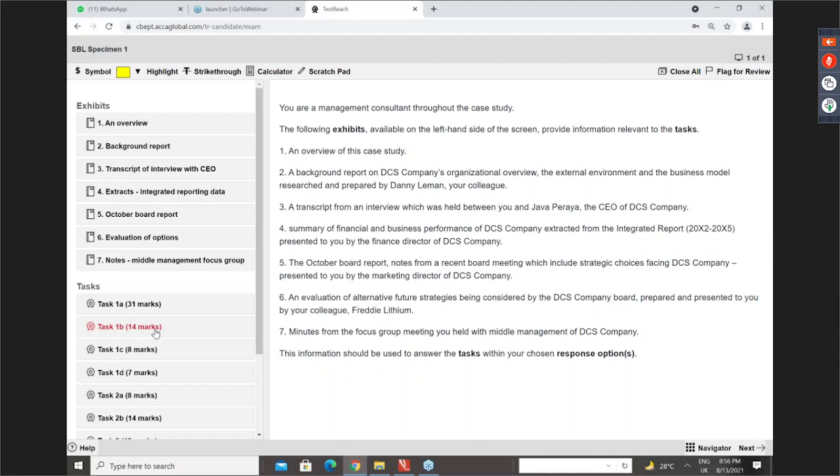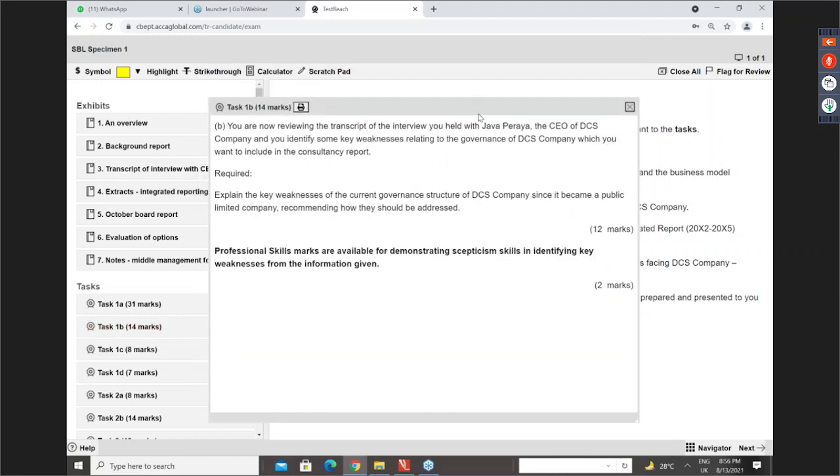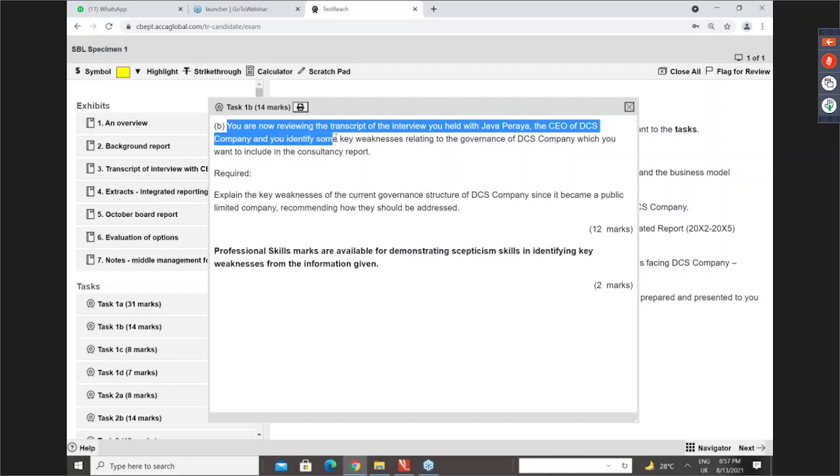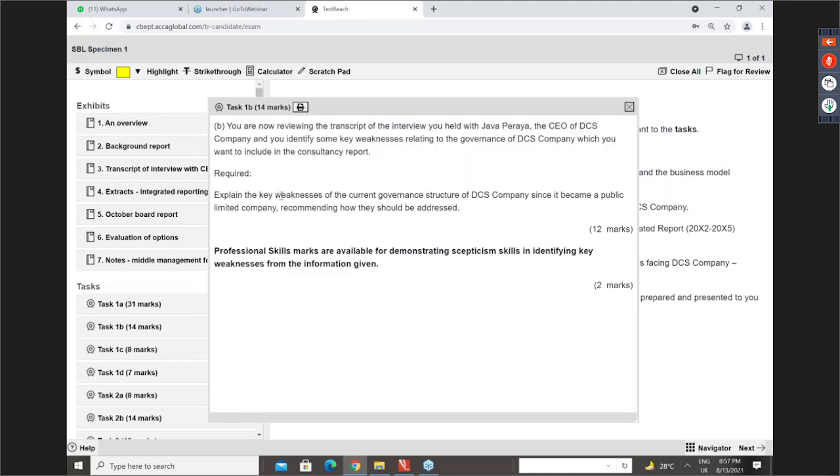So let's open question number 1B. It says you are reviewing the transcript of the interview you held with Java, the CEO of DCS company, and you identified some weaknesses relating to the governance of DCS company, which you want to include in your report.